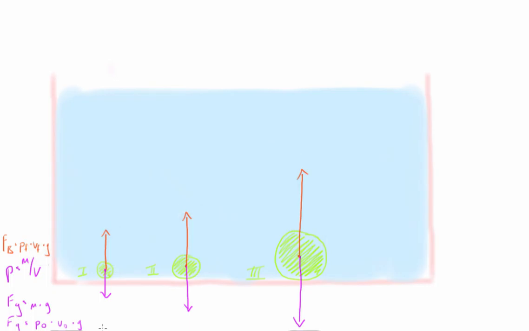So the differences in the gravitational force are exactly the same as the differences in the buoyant force. And so if one has a larger gravitational force, it must also have a larger buoyancy force by the same amount. That is why all 3 of these balls reach the surface at the same time.